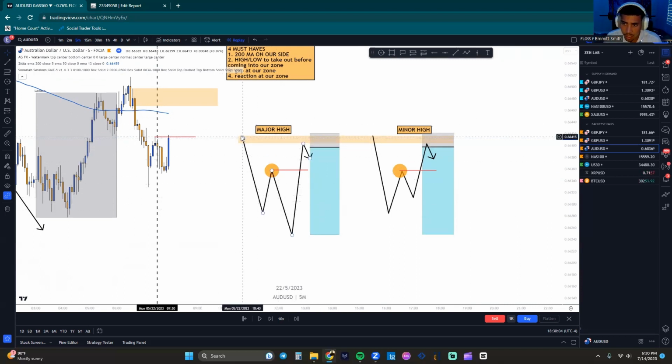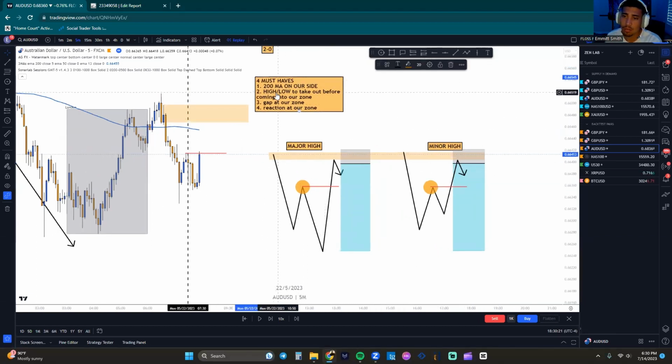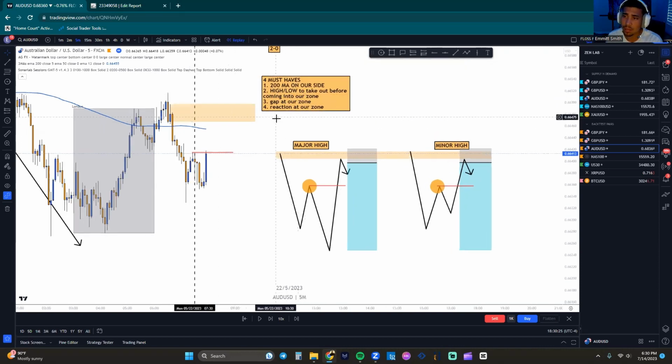This is the leg that we're trading off of that is giving our bias for the day. A minor high, this is our impulsive leg sitting right here. This guy's sitting right here. We have a high that is created, but it fails to make new lows. It comes back up into our supply, and then we trade from this point. So this is a major and minor high. I just want to break this down because this is one of our rules. In order for us to get into the trade, a higher low has to be taken out beforehand.